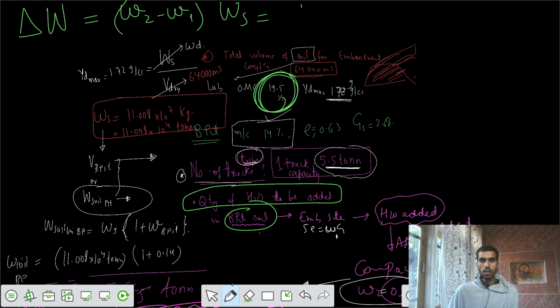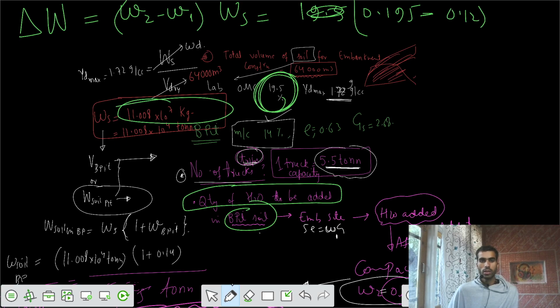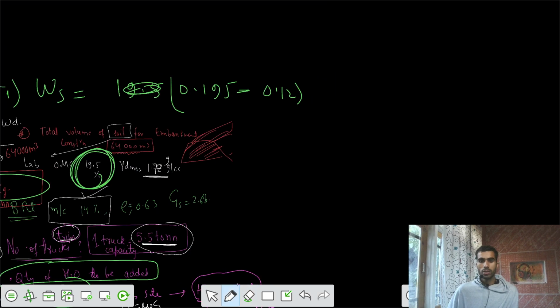The final water content is the optimum moisture content, 19.5%. So we write 0.195 minus the initial water content of 12%, times the weight of the solids. This is the total weight of the water to be added.